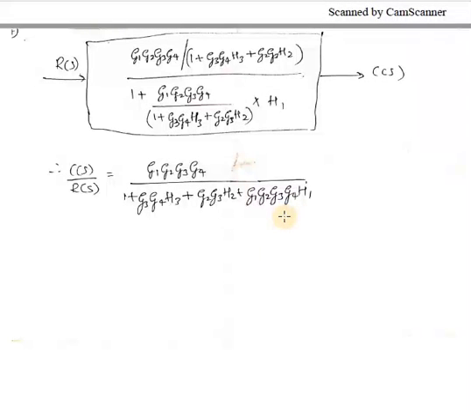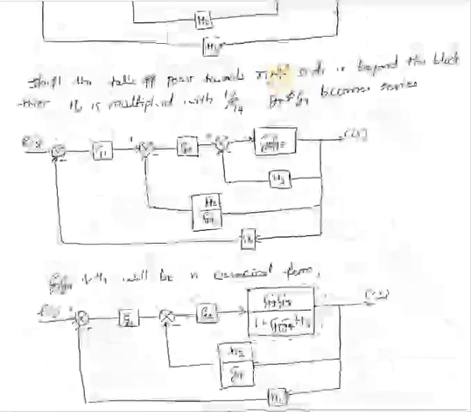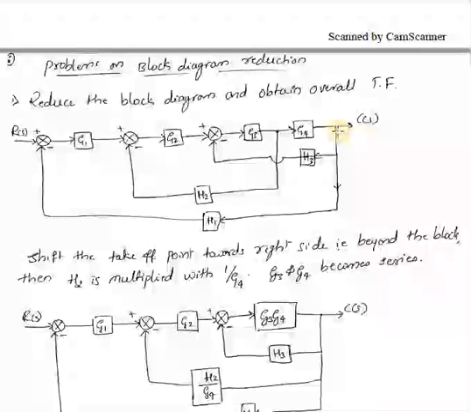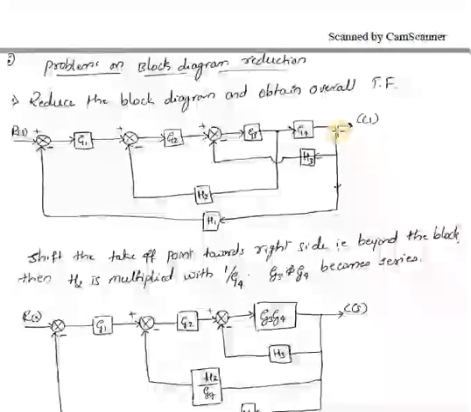Okay, so we will understand where you can face the difficulties. And one more thing, this is not the only solution for this problem. Here in the first step, I have shifted this takeoff point here. This is one of the simple solutions.